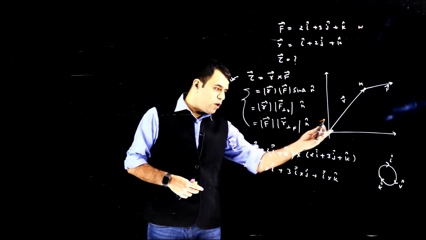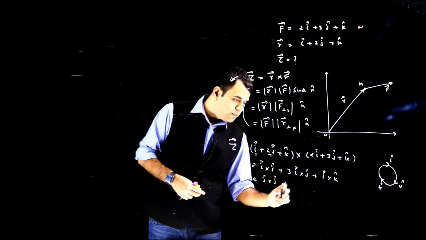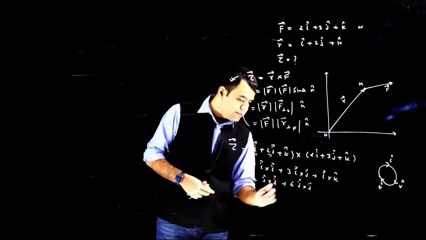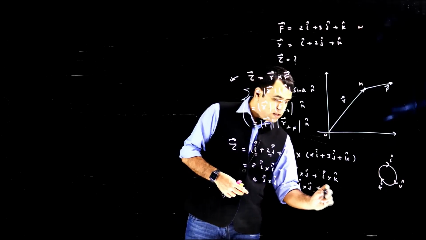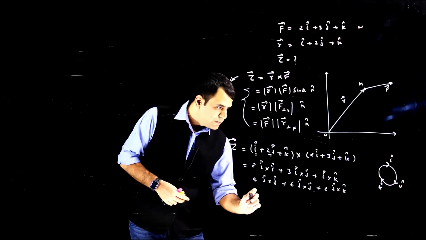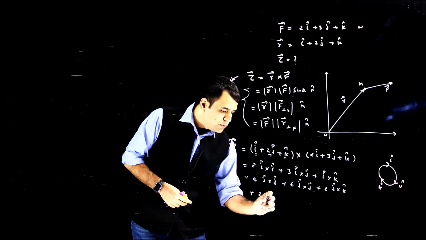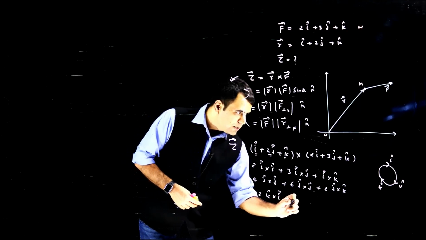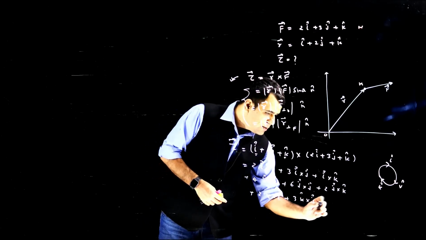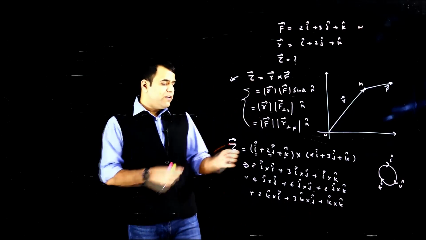Then we'll multiply the next with all 3. 2 into 2 is 4, 4 j cross j, plus 6 j cross I, plus 2 j cross k, plus, now this one will be multiplying with all 3, 2 k cross I plus 3 k cross j plus k cross k. So now we have to simplify each and every one.